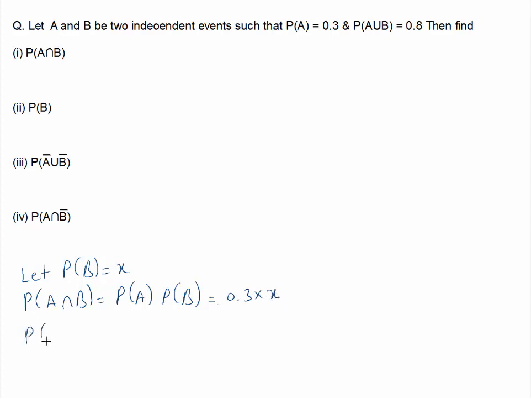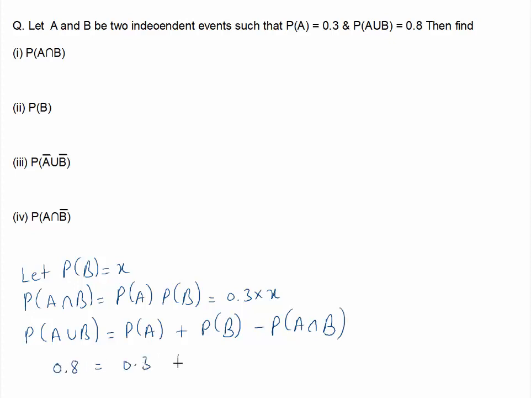Now we know another formula. P of A union B equals P of A plus P of B minus P of A intersection B. So if this is the case, P of A union B is given as 0.8, P of A is 0.3, P of B is x minus 0.3x.